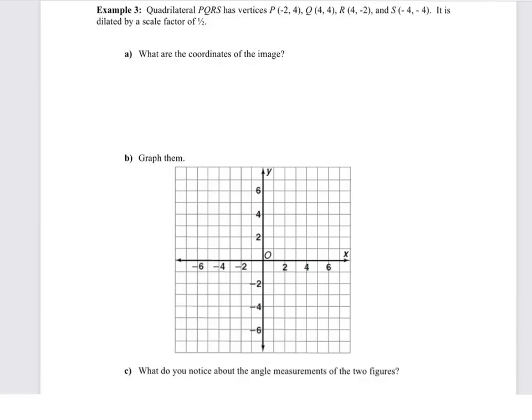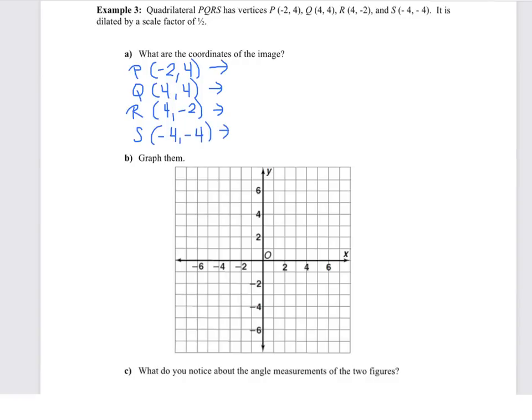Our first step, we write our original coordinates down: P is negative 2, 4; Q is 4, 4; R is 4, negative 2; and S is negative 4, negative 4.